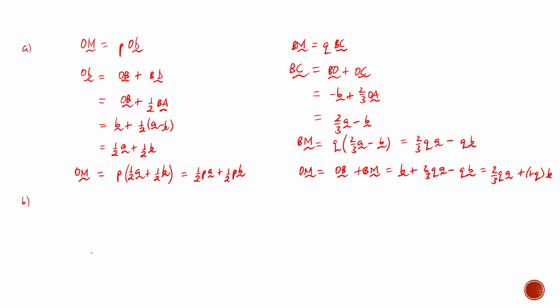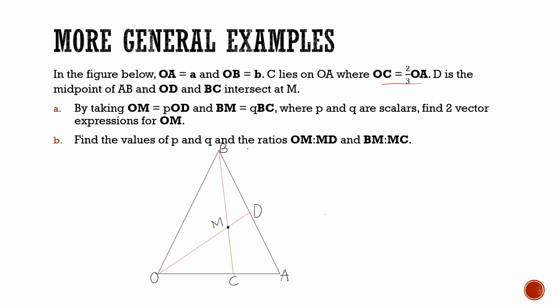Now we've been asked in part B to find the values of P and Q, and hence the ratios OM to MD and BM to MC.